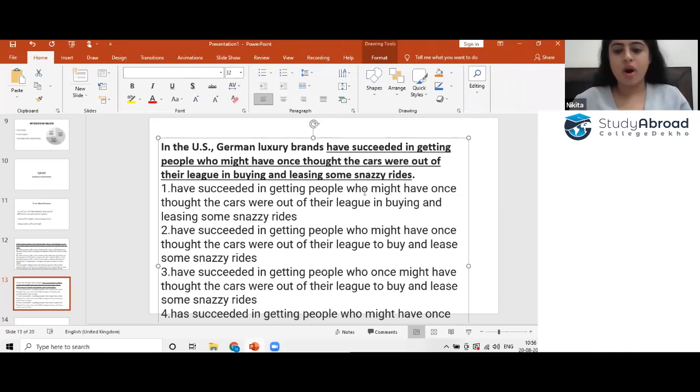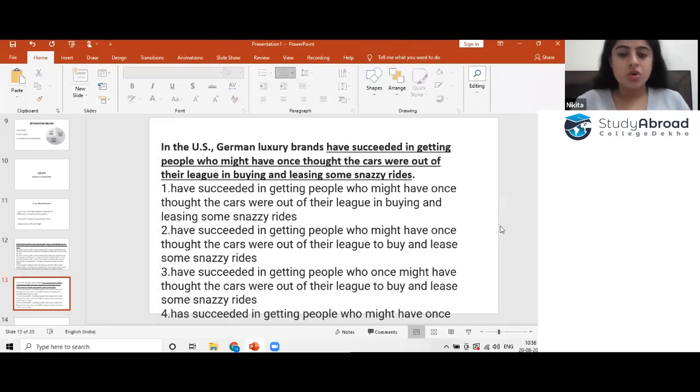Now see what change the second and third are bringing in front of us. When you have a closer look, you'll see that the difference is that once is placed at different locations. Let's read the second one. It says have succeeded in getting people who might have once thought.